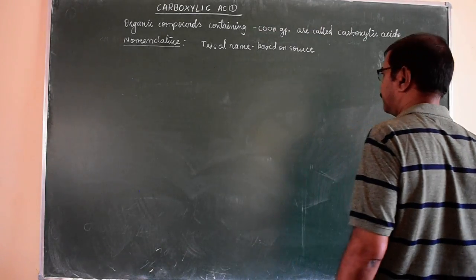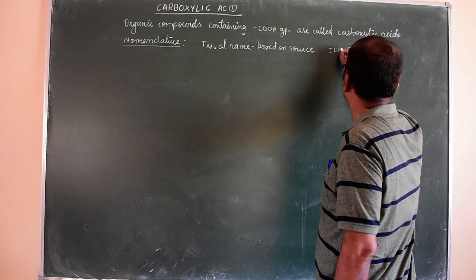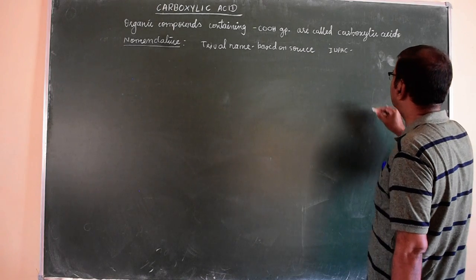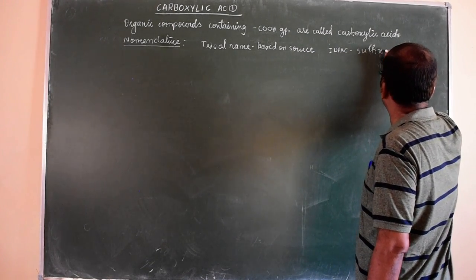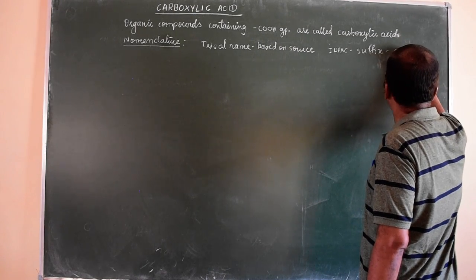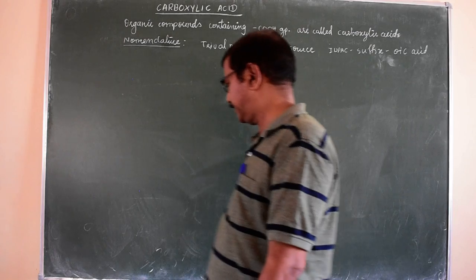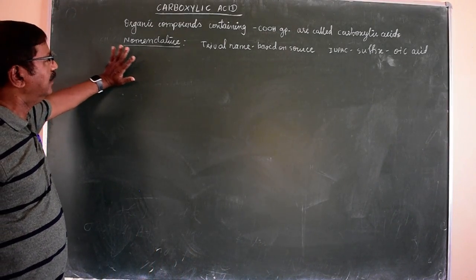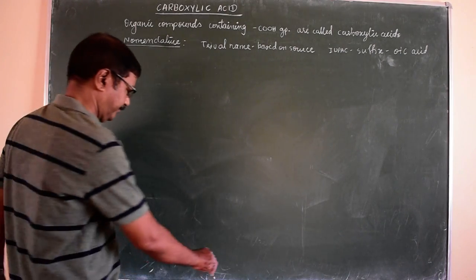And in IUPAC, you must know the suffix and number the carbon chain. The suffix is oic acid. So directly I am writing the formula, then the trivial or common name and the IUPAC name.